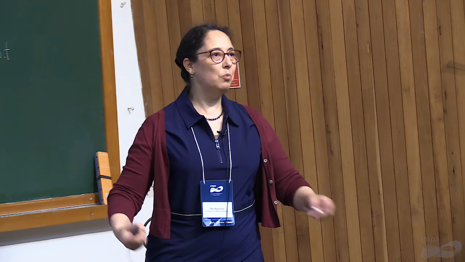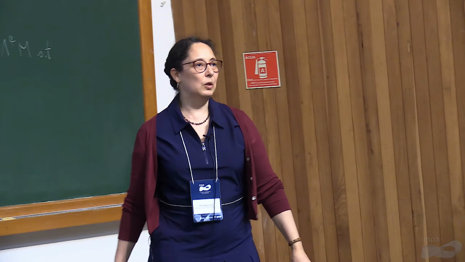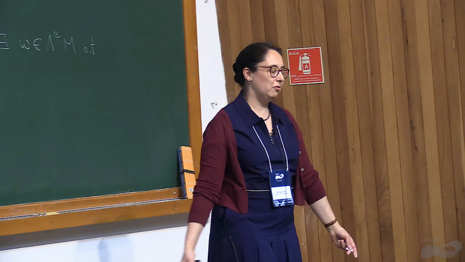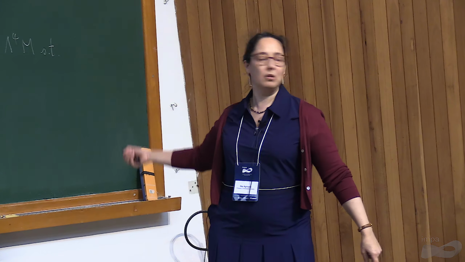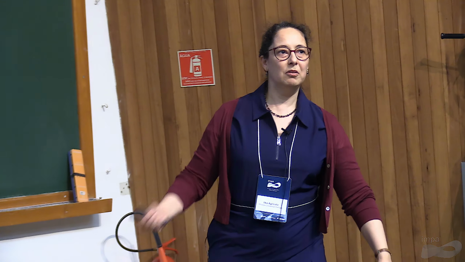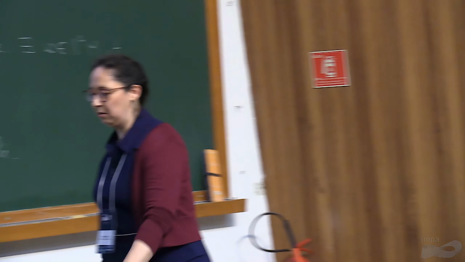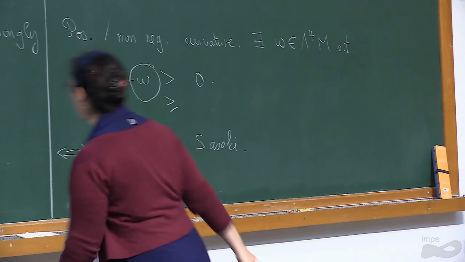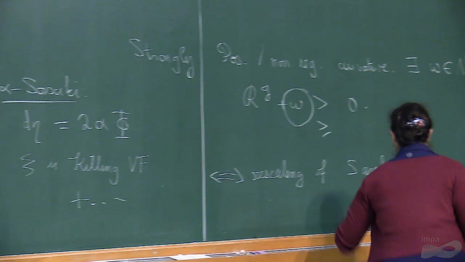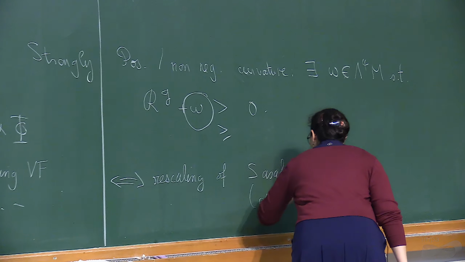So when you're working in this business, quite often it is more appropriate to look at alpha Sasaki right away because of this bad scaling property. So the transition from Sasaki to alpha Sasaki, there is not really anything going on. When you do so, you pick up this factor, and Sasaki just corresponds to alpha equal to 1.